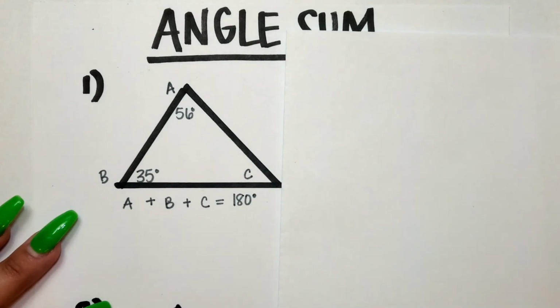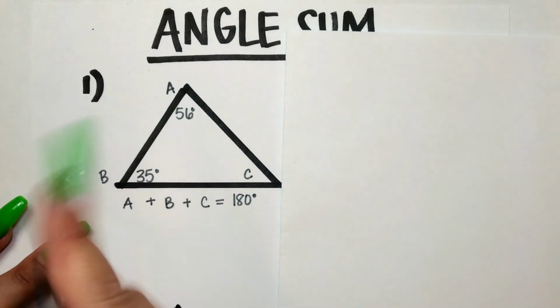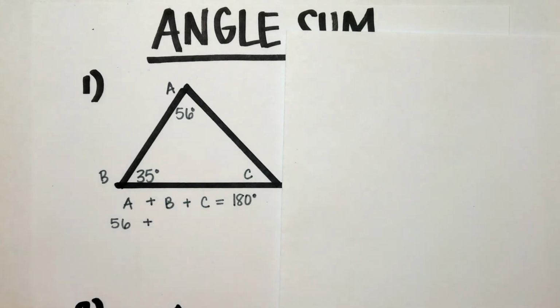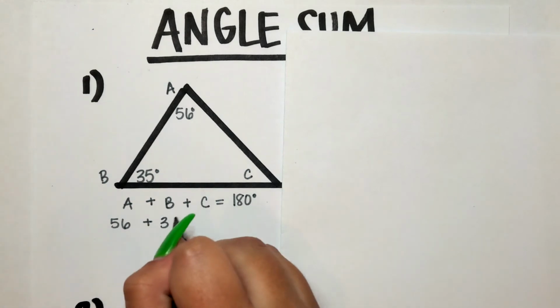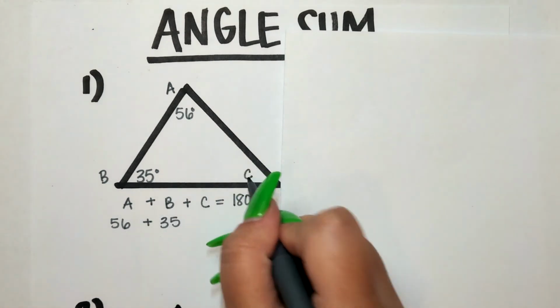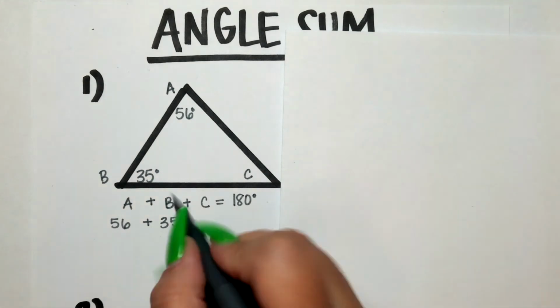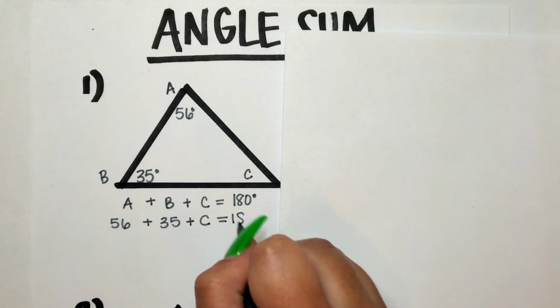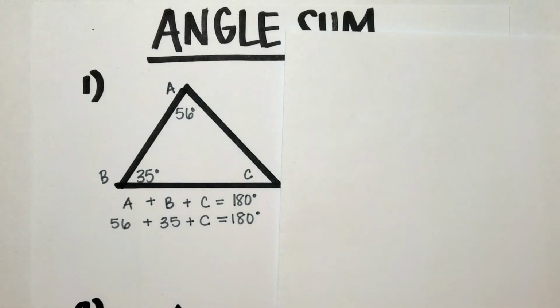So now I'm just going to plug in. So angle A is 56 plus angle B is 35 plus angle C. I don't know what angle C is. So I'm trying to solve. So I'm going to leave C as a variable since I do not know it.